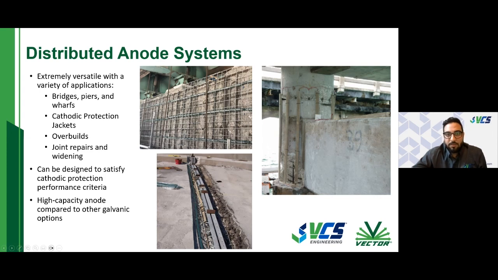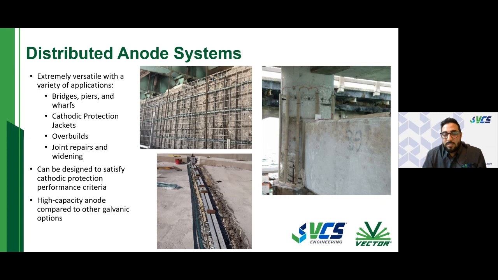On this image here, we have an overbuild where all the deteriorated concrete is removed. The galvanic anodes, you can kind of see they're being installed in rows here, and so on and so forth. And really, the big takeaway with distributed anode systems is that they can be used to provide cathodic protection and satisfy cathodic protection performance criteria.